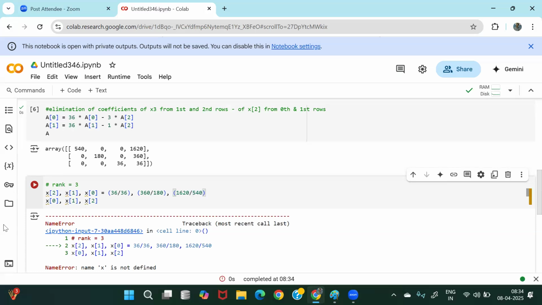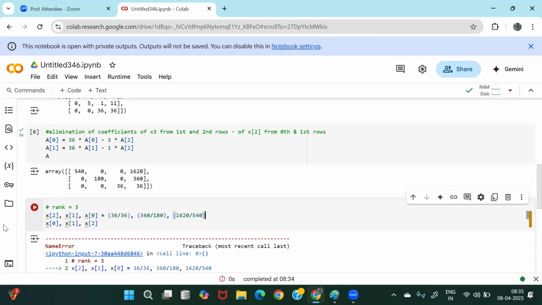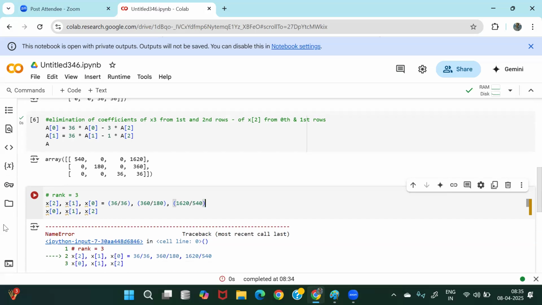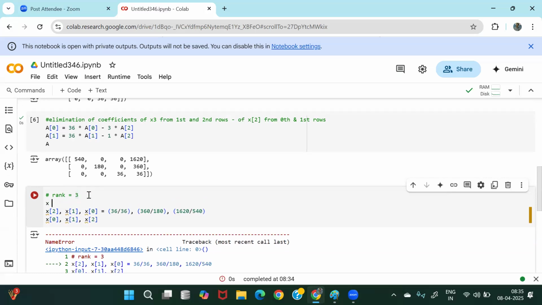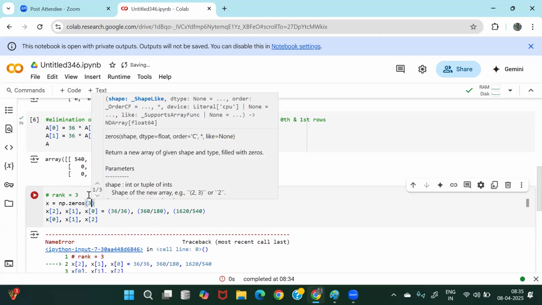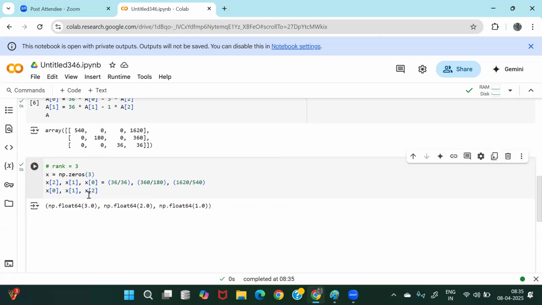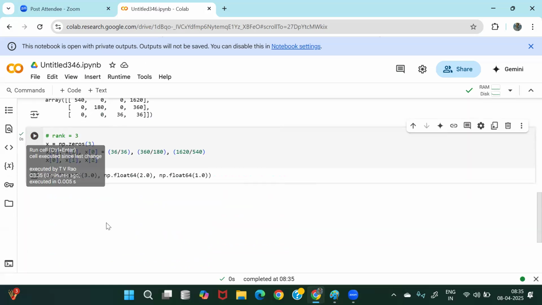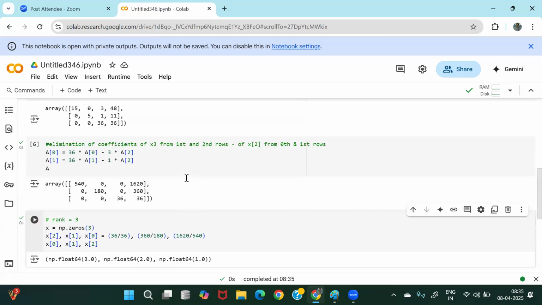I'm sorry, I did not create the X matrix. Let us create the X matrix and then do it. So x0 is 3, x1 is 2, and x2 is 1. This is the solution. Okay?